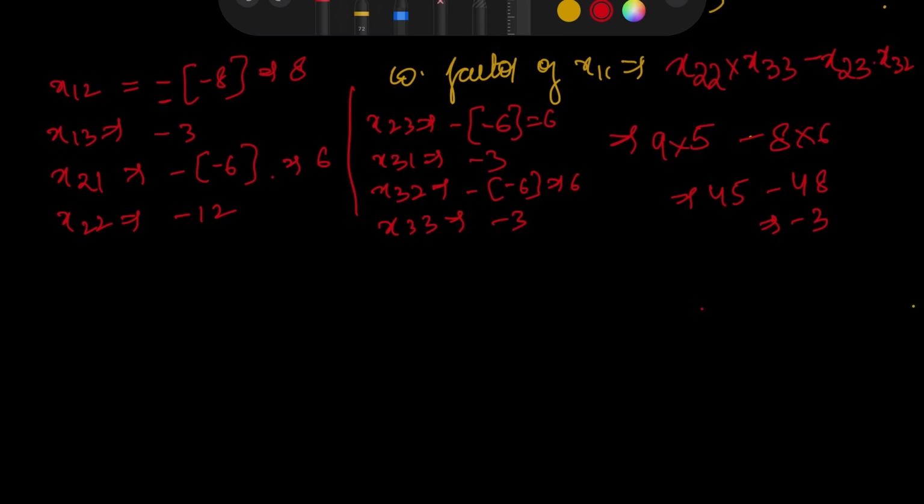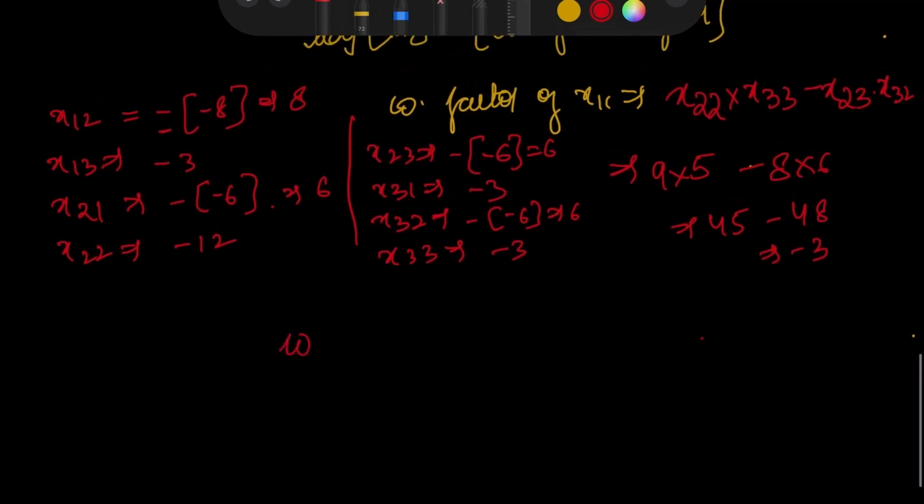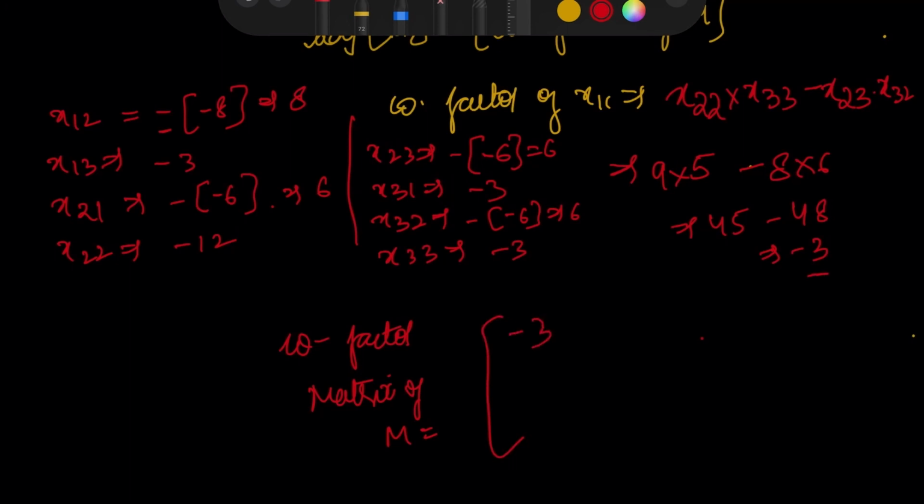So now we have the cofactors. All we have to do is place all these cofactors in a matrix and then take a transpose of it, so that we get the adjoint of the matrix M, right? So let us form the matrix now. So the cofactor matrix of M is equal to minus 3, 8, minus 3.